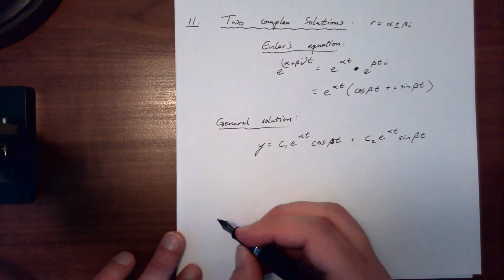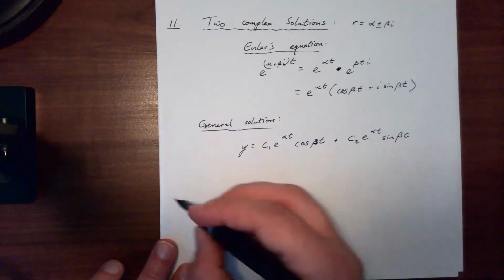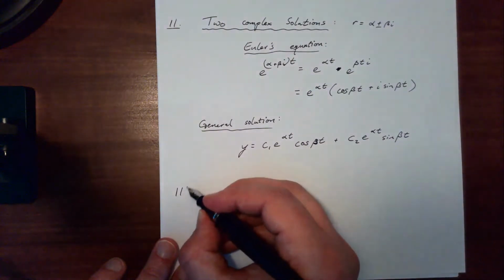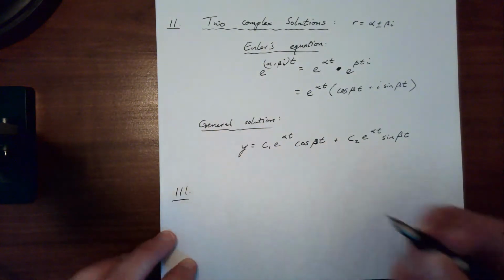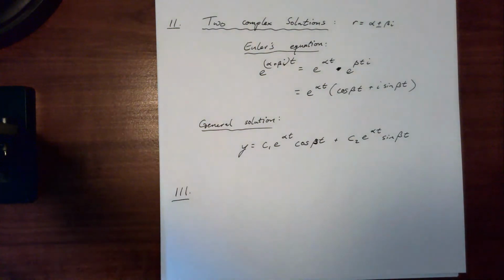And then finally, the third case. So case 1, we had two distinct real values of r, and those formed the two terms c1 e to the r1 t plus c2 e to the r2 t.